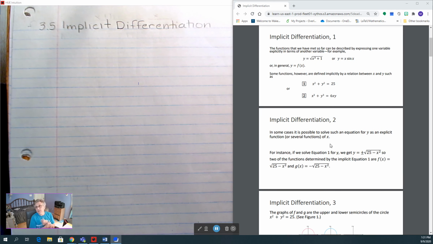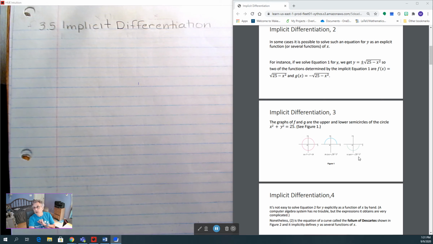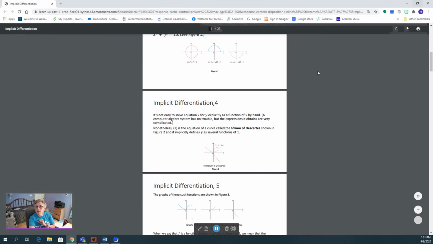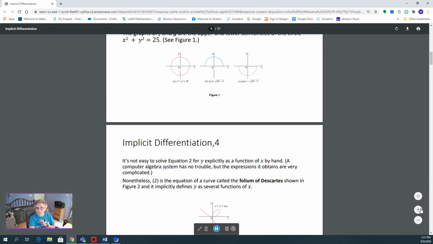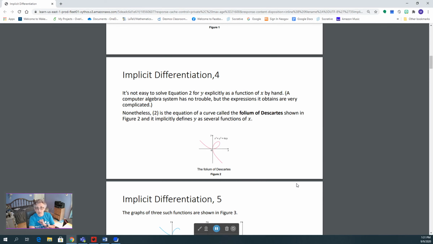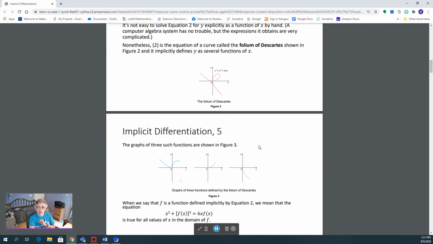Well, the x squared plus y squared equals 25, we could actually divide into two pieces and differentiate the top half of the circle and the bottom half of the circle. Voila. But that other function I just mentioned, x cubed plus y cubed equals 6xy, is a little loop-de-doo, and that is not so easy to divide into pieces.